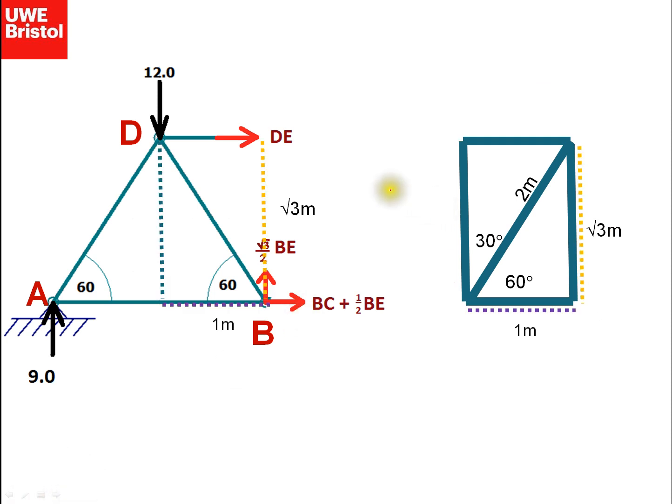So there I have imposed my distances. What I'm going to do is take this DE force and imagine that it comes to just above the pivot, so it hits that line there, and then we measure its distance. The distance to get from here back down to the pivot is √3 meters.